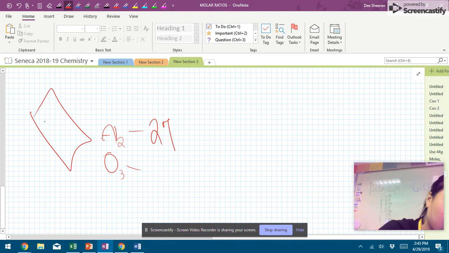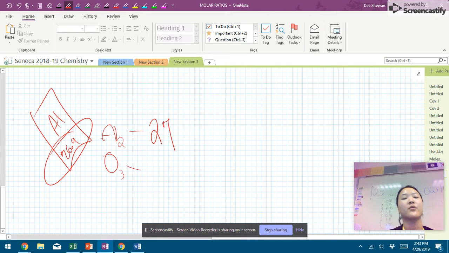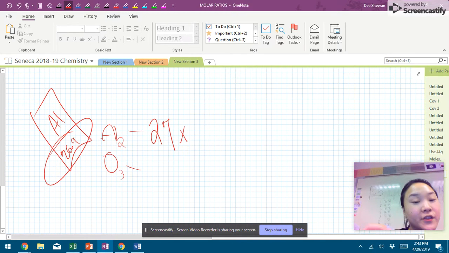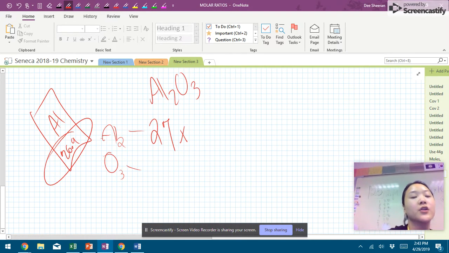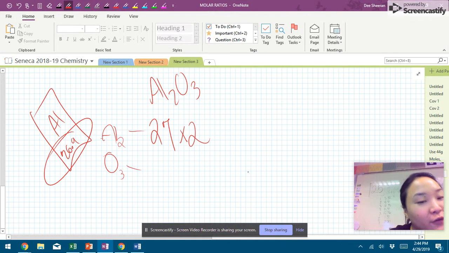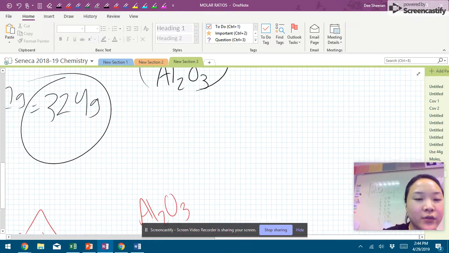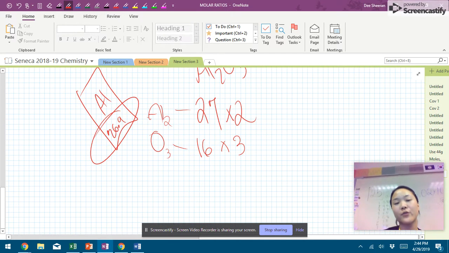I got that from this part down here. It's almost 27, so I round up. 27 times the amount of Als I have. So in Al2O3, I have 2 Als, so times 2. For O, if you find it on your periodic table, it is 15.999, so it's 16 basically. 16 times 3, because you have 3 O's.